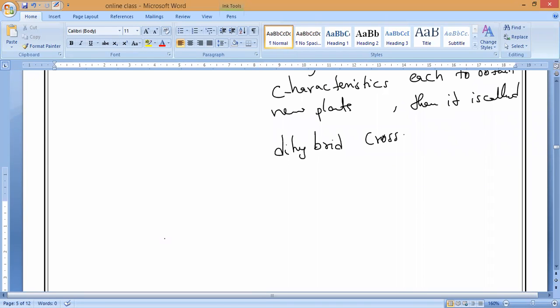That generation may get yellow seeds or round yellow seeds or round green seeds and so on. That is what we call a dihybrid cross. In the dihybrid cross, we will study the inheritance of two pairs of contrasting characteristics.